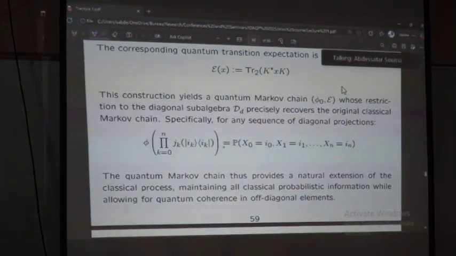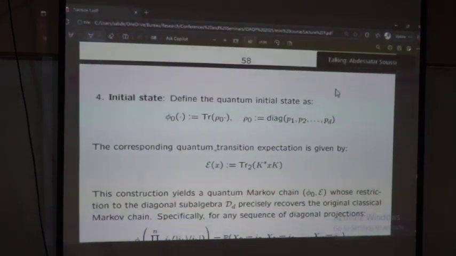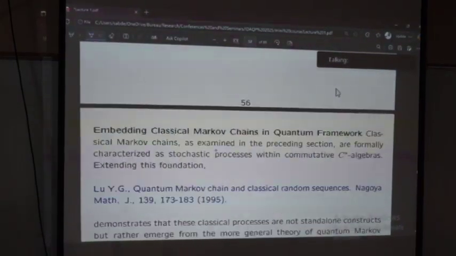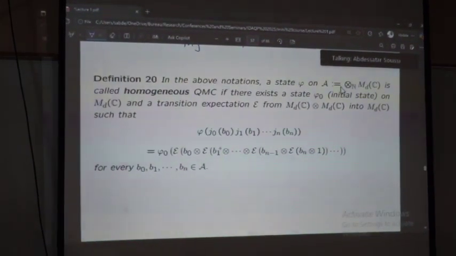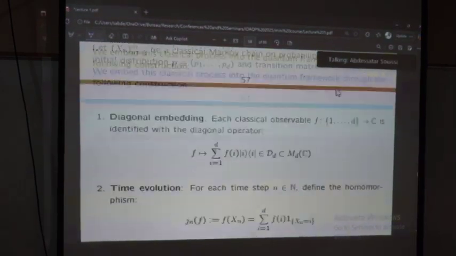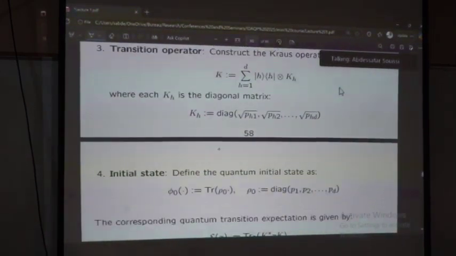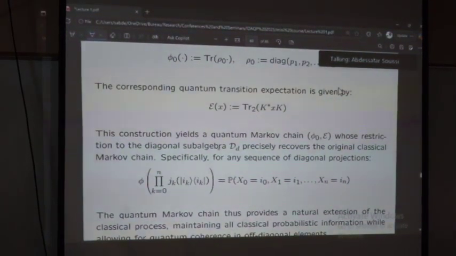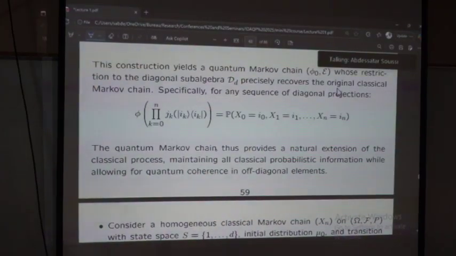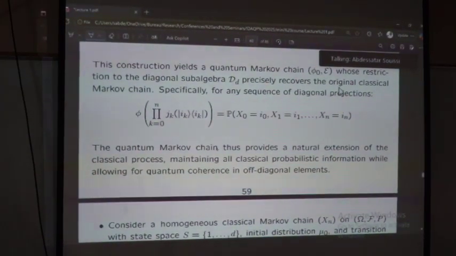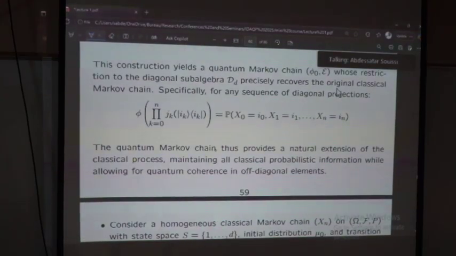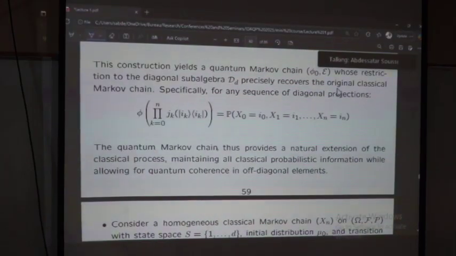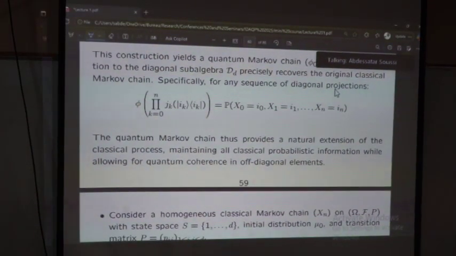Then using the same formula, defined for this specific transition expectation, if we apply it to the atomic projections, we get exactly the classical probability for the first n particles of the Markov chain.